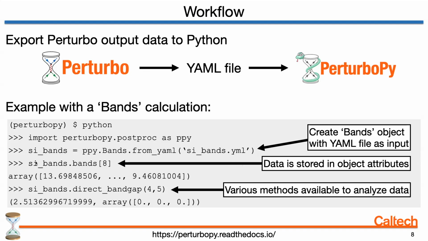For example, silicon bands dot bands would give us the information for the 8th band. We can also use the various methods within that class, such as direct band gap, to analyze the data. Here we're calling the direct band gap method to calculate the direct band gap between the 4th and 5th bands.